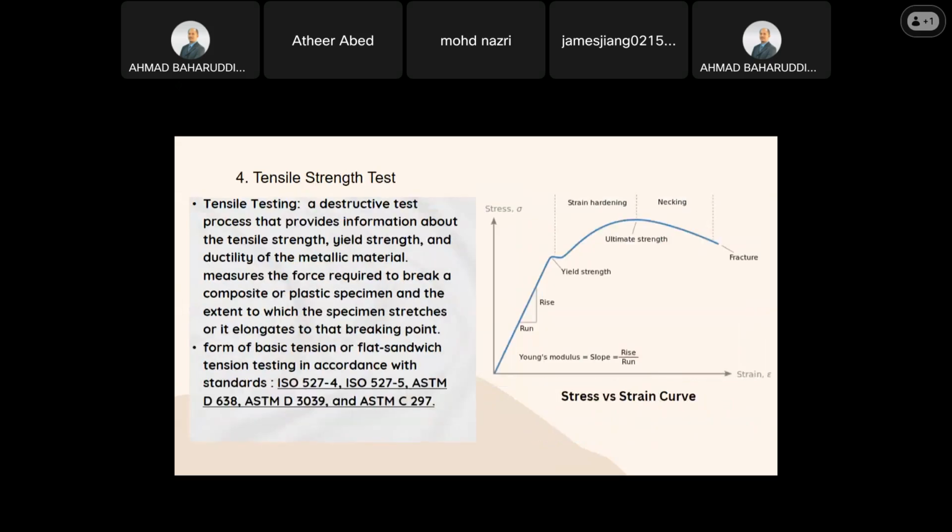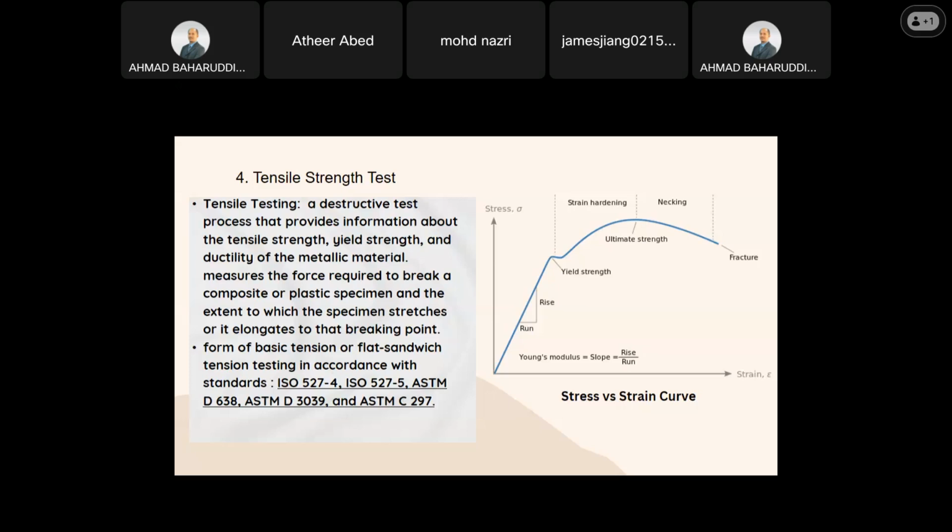So on this project, we will be focusing on the tensile strength test. Tensile testing is a destructive test process that provides information about the tensile strength, yield strength, and ductility of the metallic material. It measures the force required to break a composite or plastic specimen and the extent to which the specimen stretches or elongates to that breaking point.